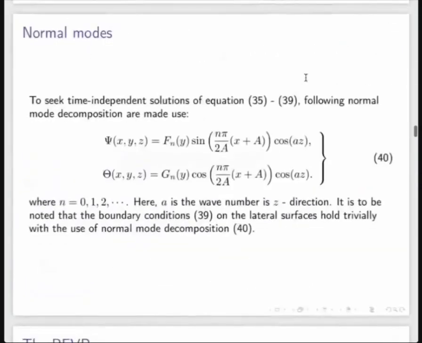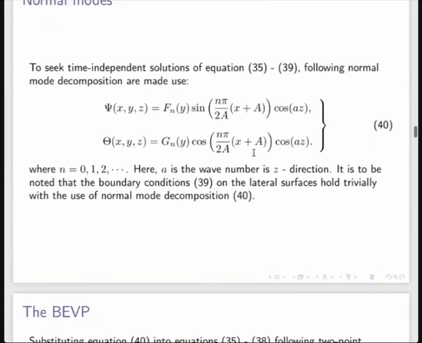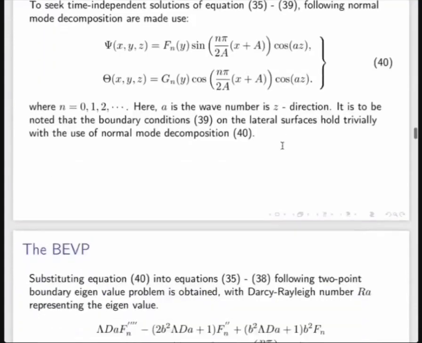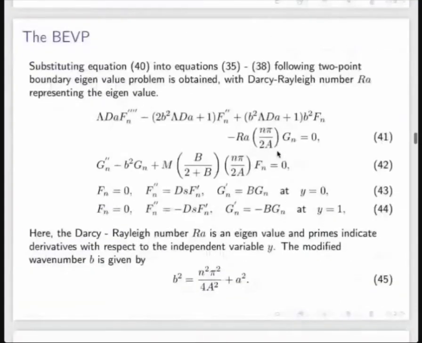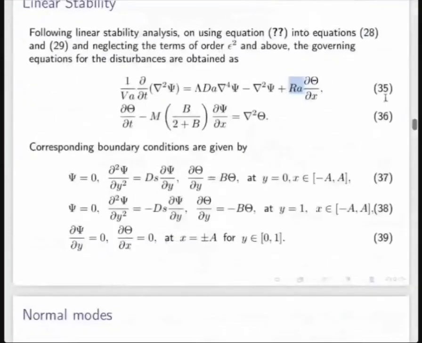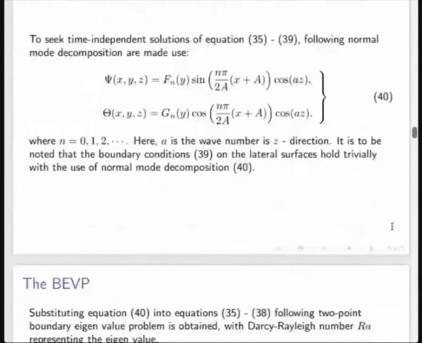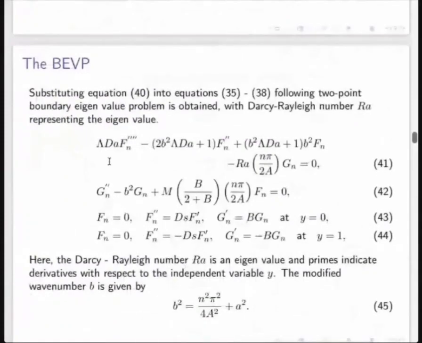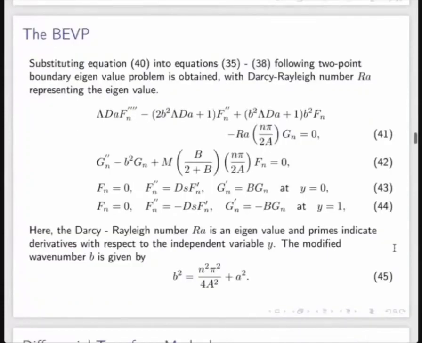And we seek the time-independent solutions in the form of normal mode solutions as given in equation 40. And when we substitute equation 40 into these equations, 35 to 39, one gets equations 41, 42, 43, and 44. And the b squared, which appears here in these equations, is the wave number.